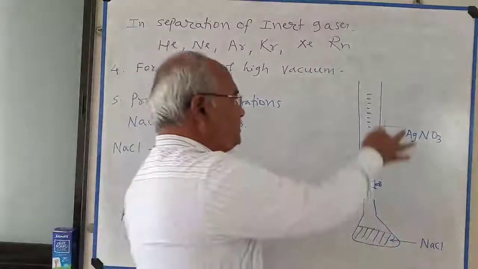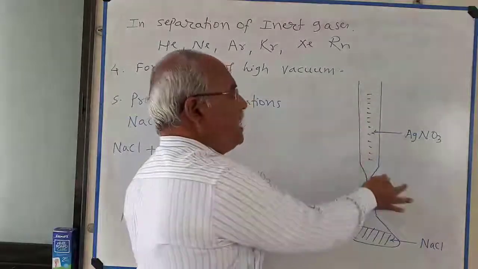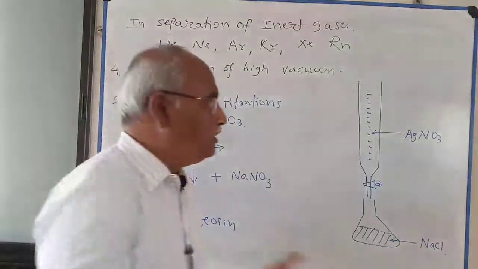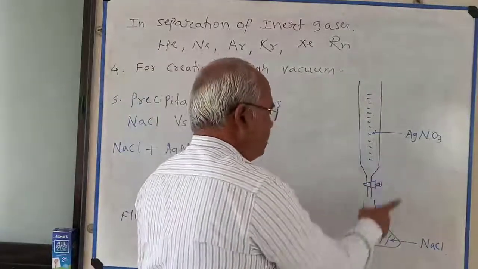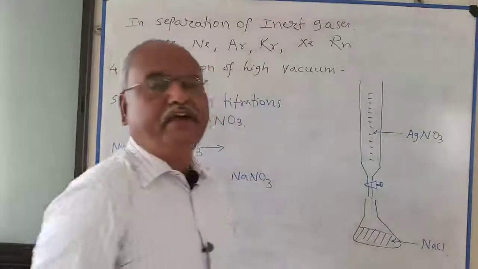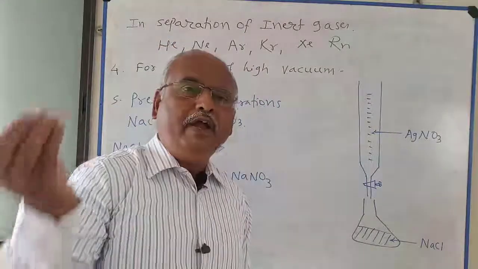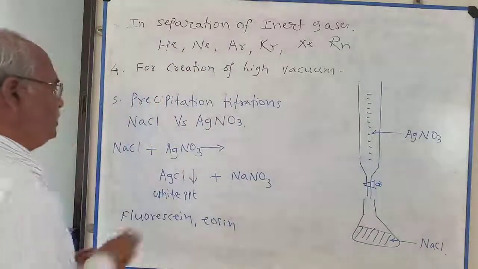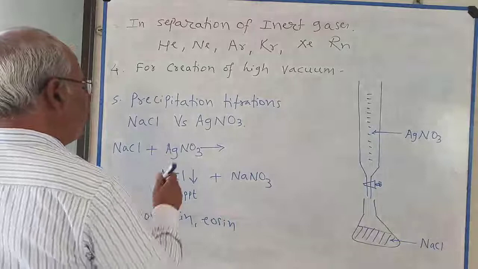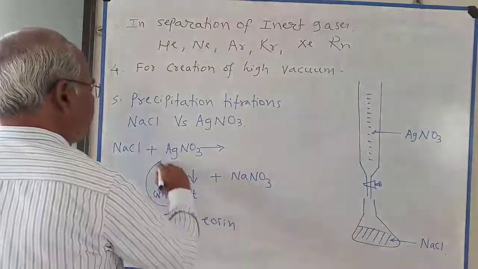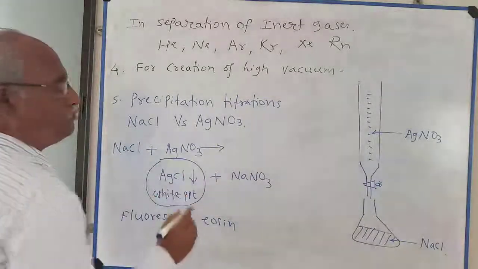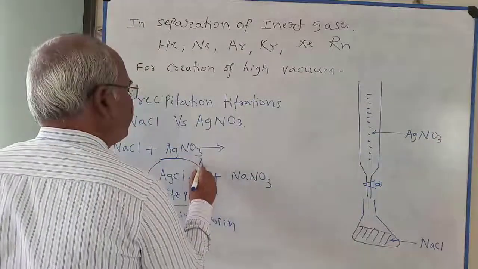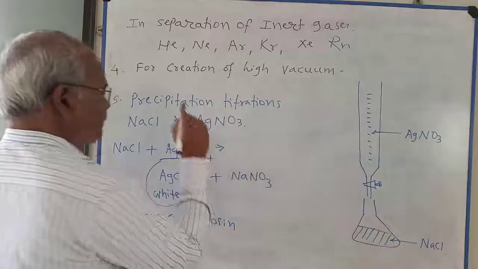So like this you continue addition of silver nitrate. When all NaCl is reacted, that means when reaction is complete, this silver chloride precipitate adsorbs excess of Ag+ ion on its surface.